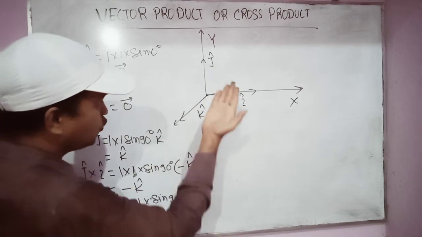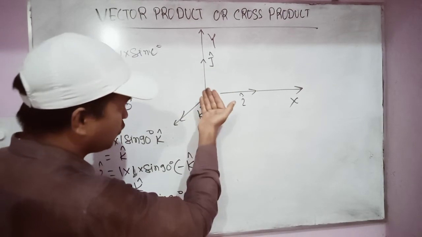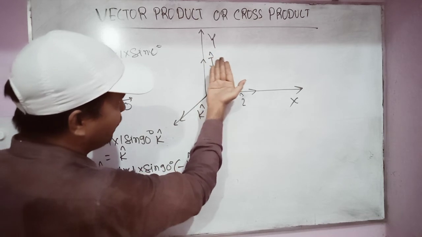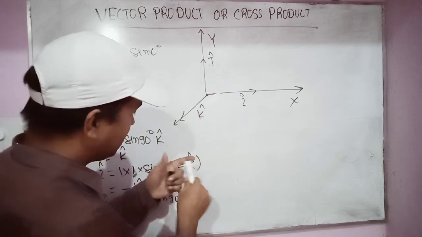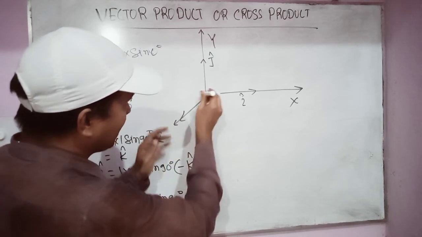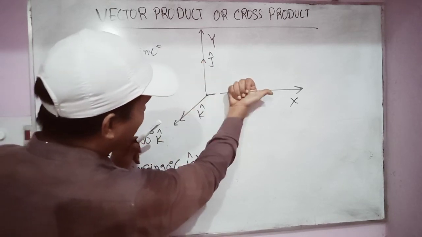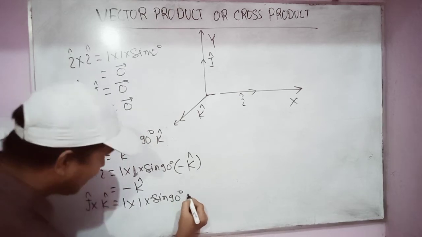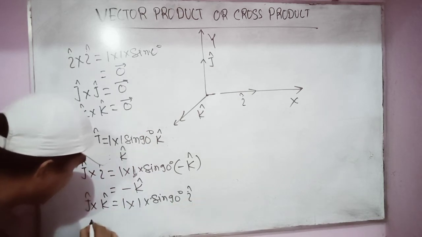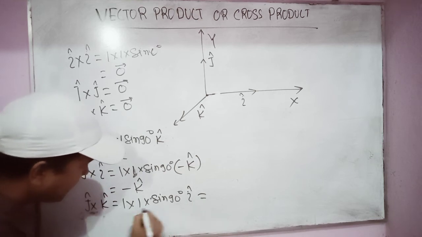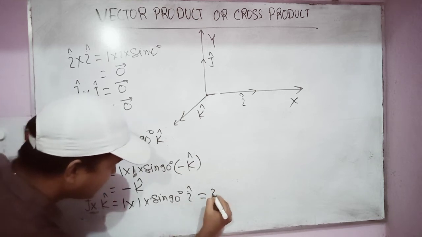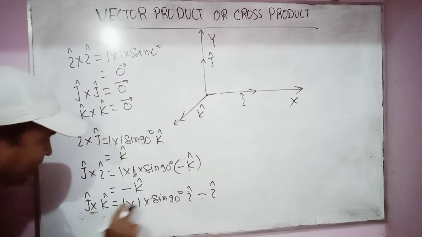So I point my forefinger this way and curl them this way. This is the direction of k cap. So this comes out to be i cap. Sin 90 has value 1, so j cap cross k cap is equal to i cap.